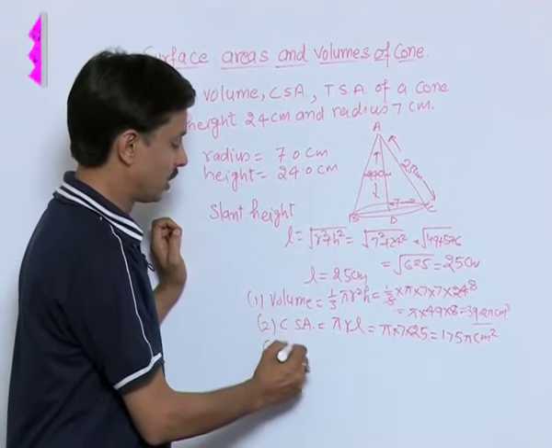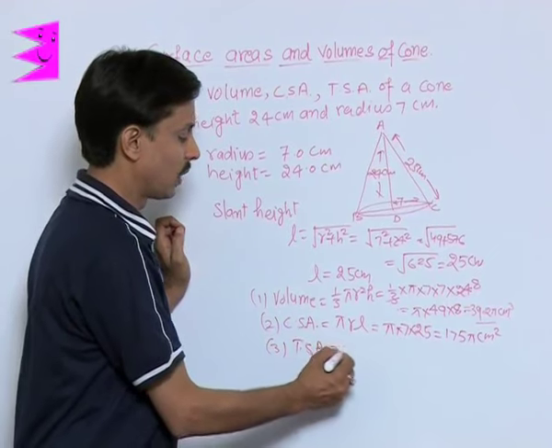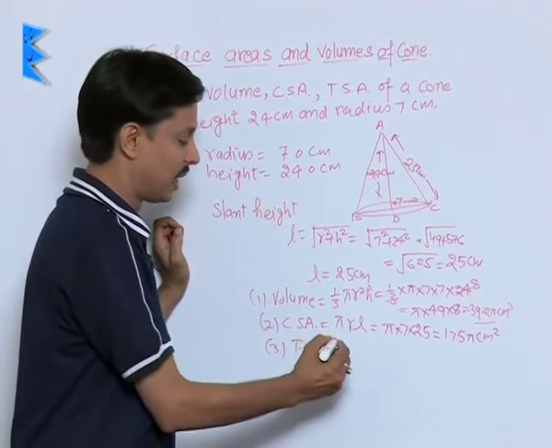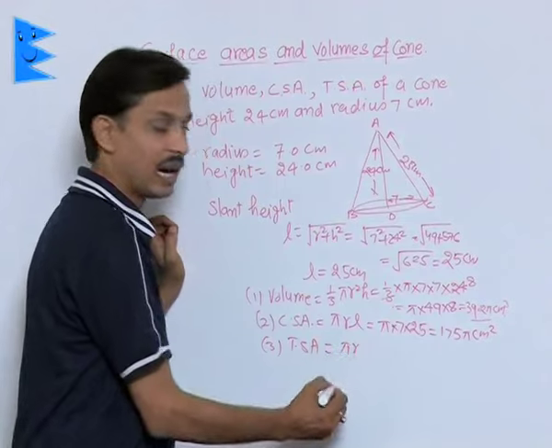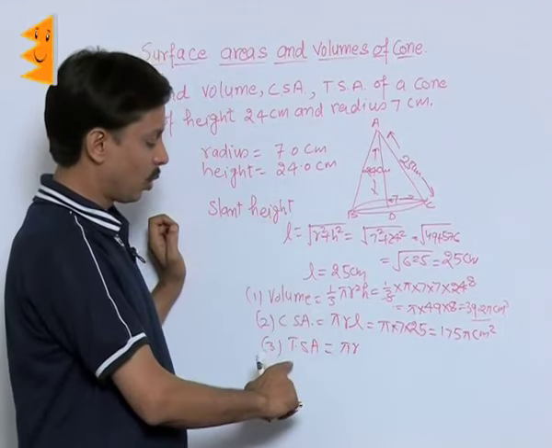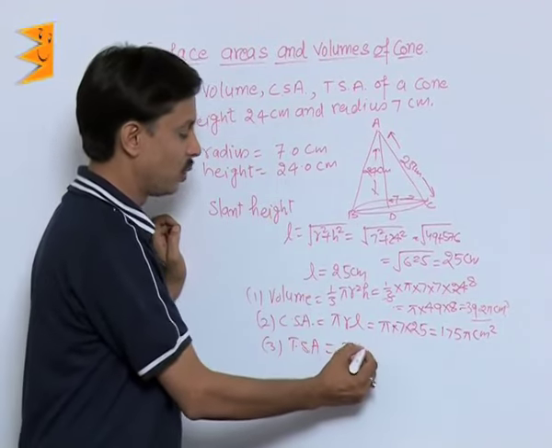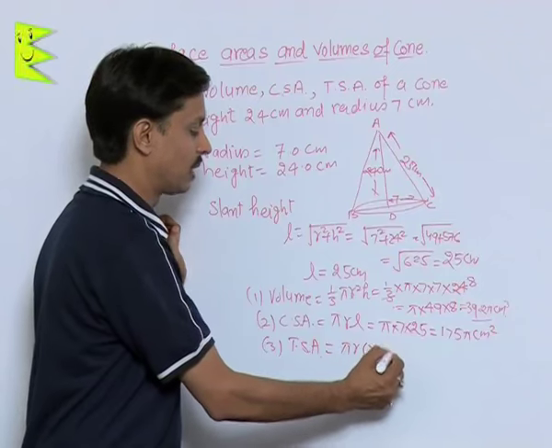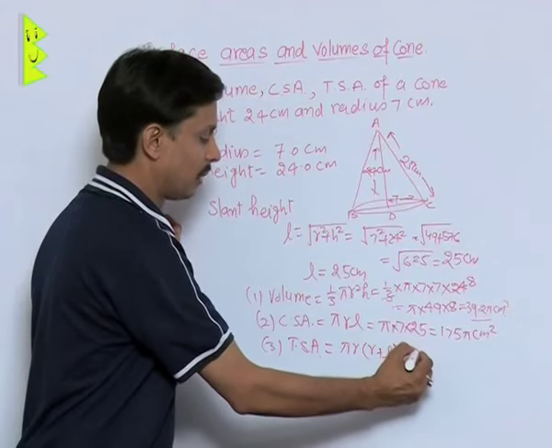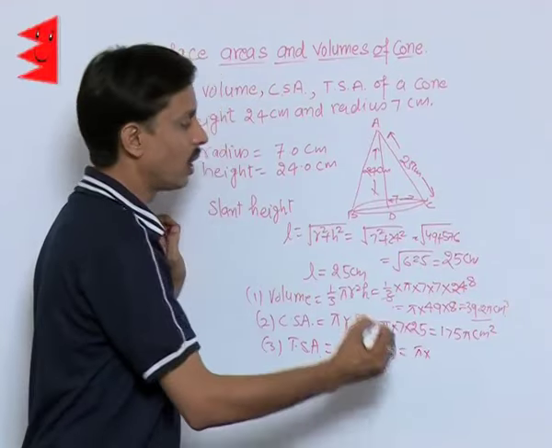The third thing is the TSA. Total surface area of the cone is given by TSA is equal to pi into r plus L, which becomes pi into r, r means 7, into r plus L. R plus L means 7 plus 25.